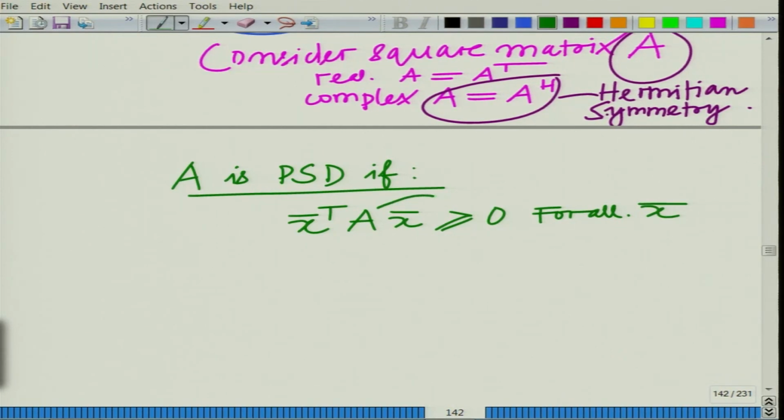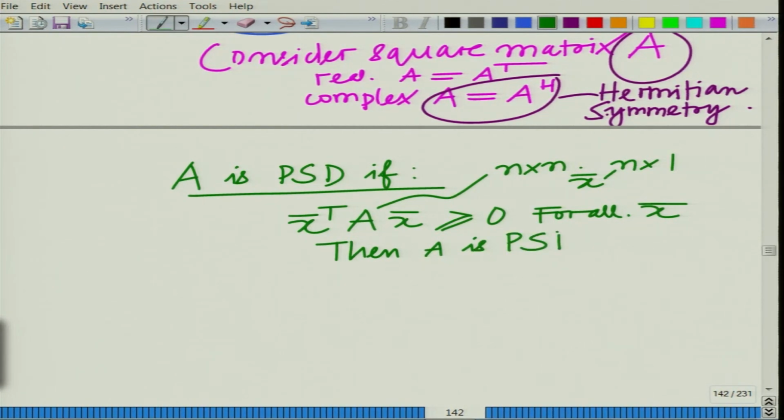That is, if we have an n cross n matrix and x bar is an n cross 1 vector, then if x bar transpose A x bar is greater than or equal to 0 for all x bar, then A is positive semi definite, right.